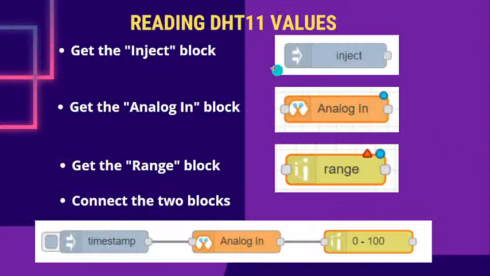For that, we need an inject block. As this LDR is an analog sensor, it is giving analog values, so we have to use an analog in block, and we need to range the inputs from this LDR to a certain level in order to map the ranges. We are using this range block as well.